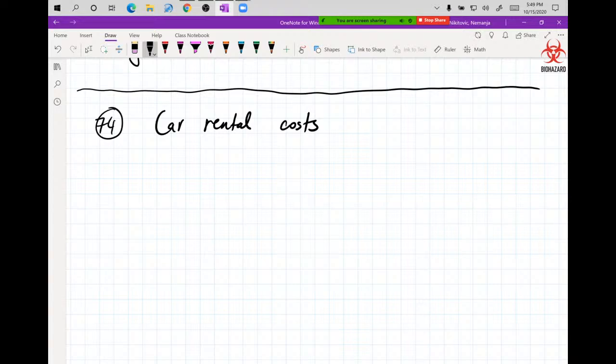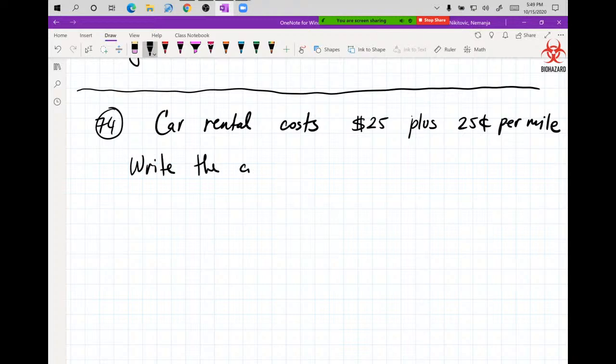I guess this is per day, plus 25 cents per mile. Write the cost equation. So what is the cost equation for this particular situation?